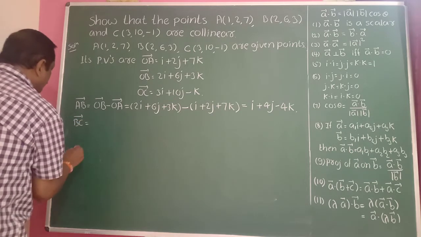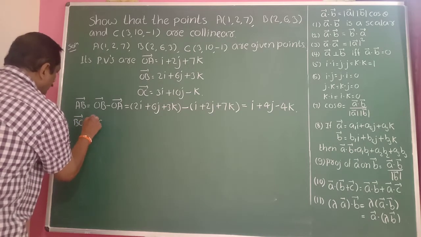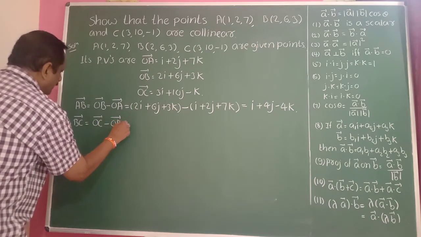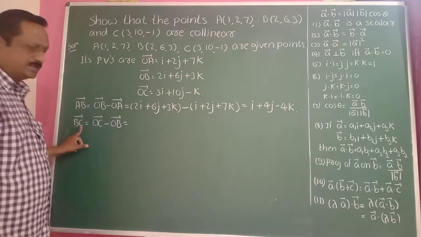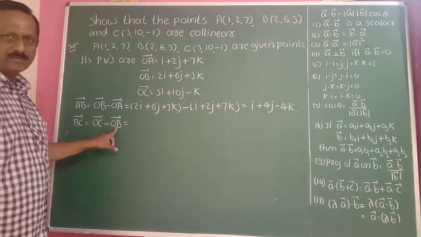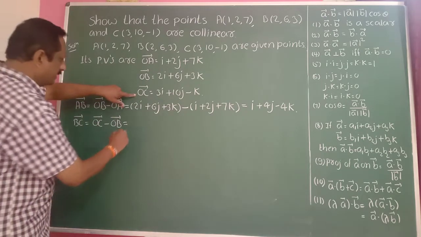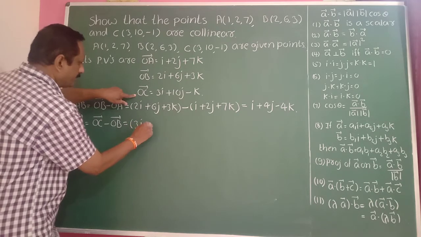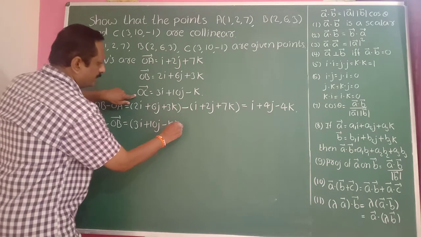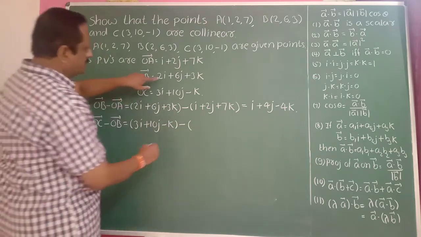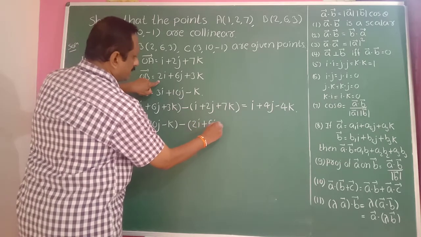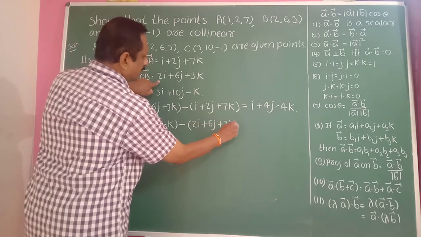Then find the vector BC. The vector BC is equal to OC minus the vector OB. Take the position vector of the point C minus the position vector of the point B. OC is 3i plus 10j minus k, minus OB, which is 2i plus 6j plus 3k.